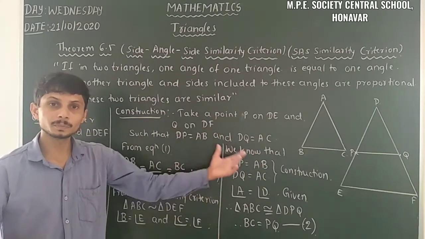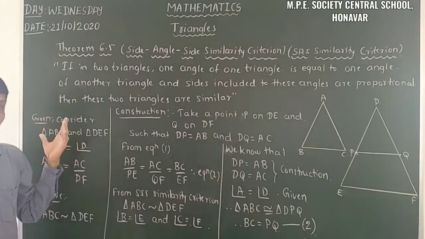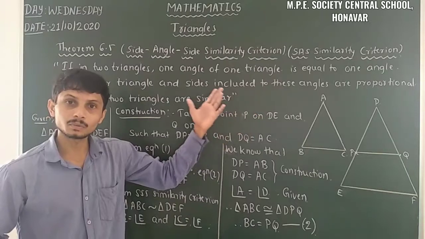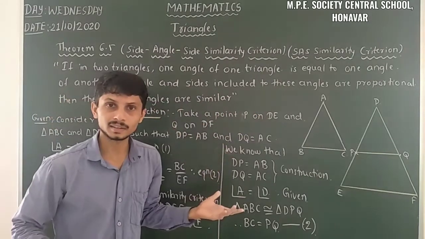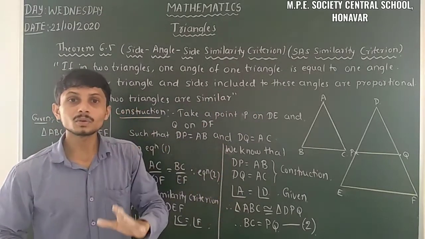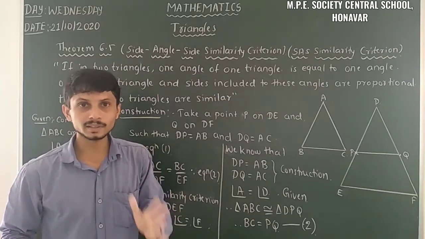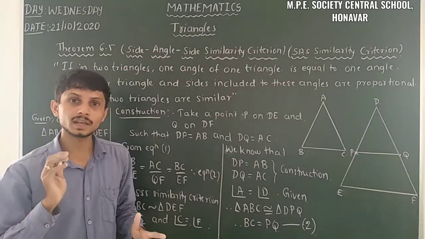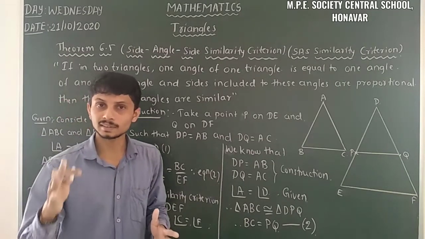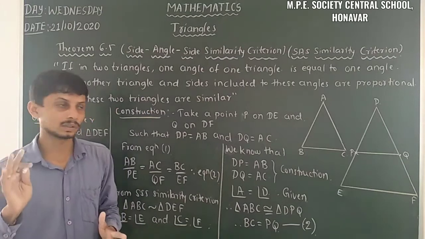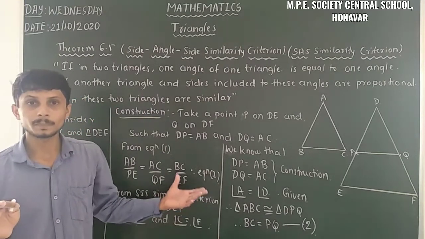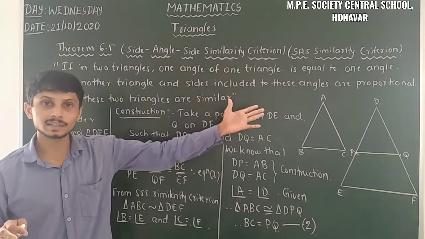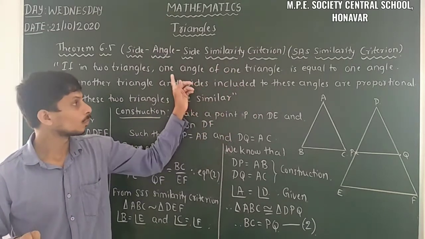So from that we prove that when one angle of a triangle is equal to one angle of another triangle and the included sides of that angle are proportional, then those two triangles are similar. So here we proved that one part, that is the SAS similarity criterion.